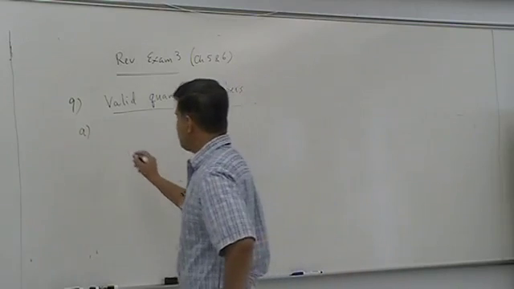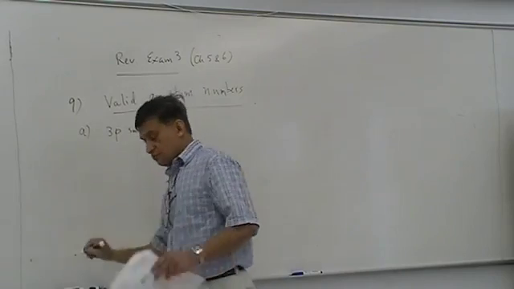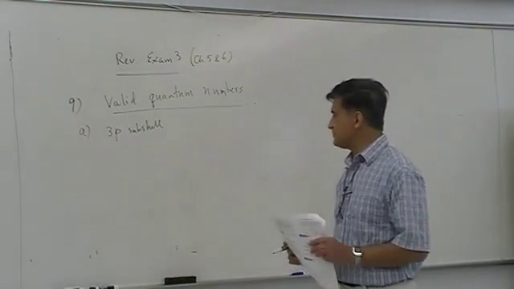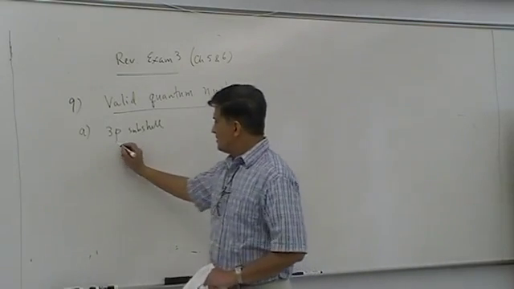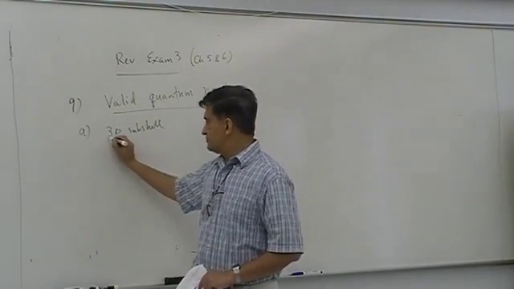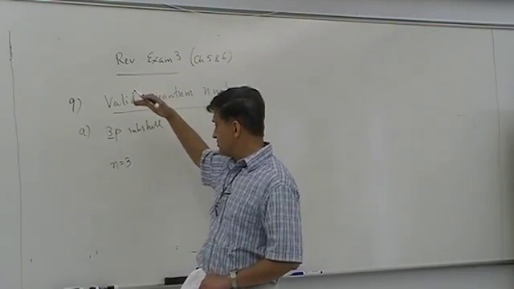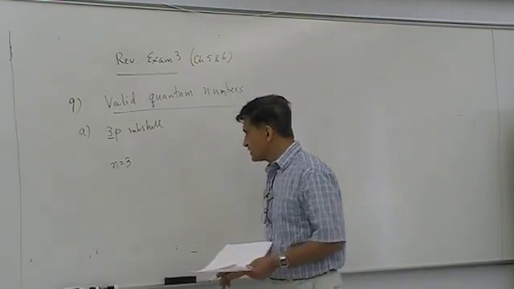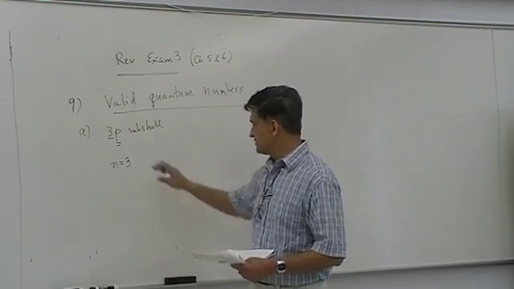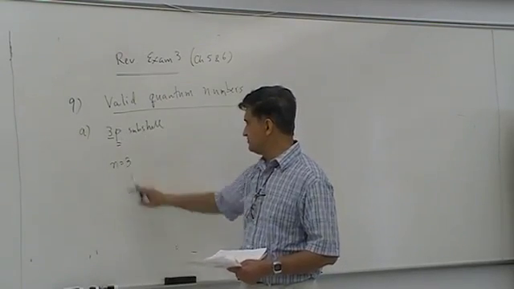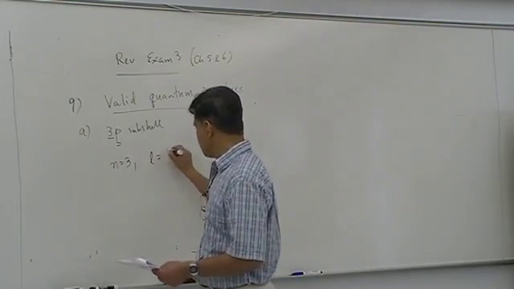Say I have a 3p subshell. What would be the N, L, and ML values associated with the 3p subshell? This 3 is the N value. So N is going to be 3. That means in the third floor or third major level, you have subshell P. So N equals 3 and L equals 1.